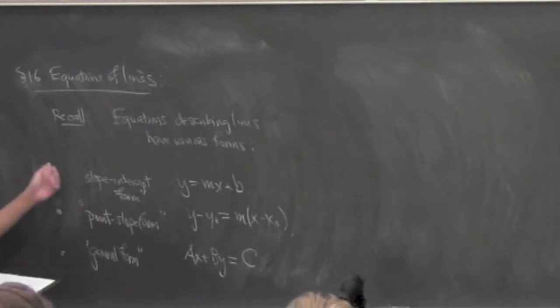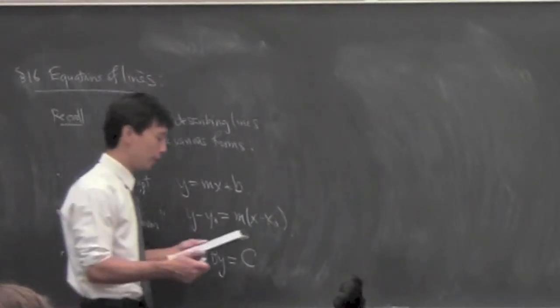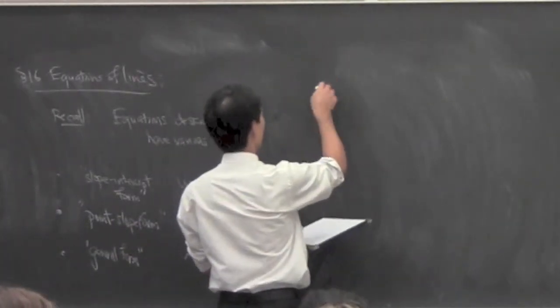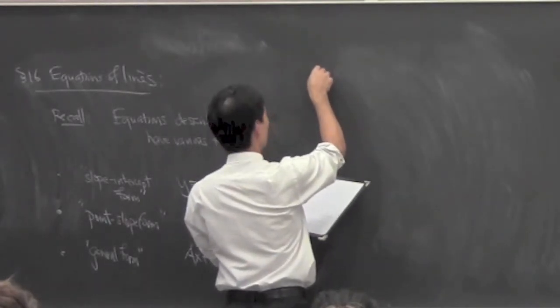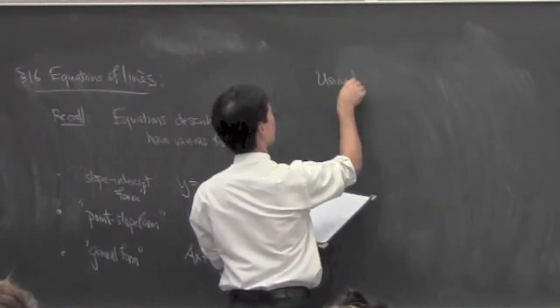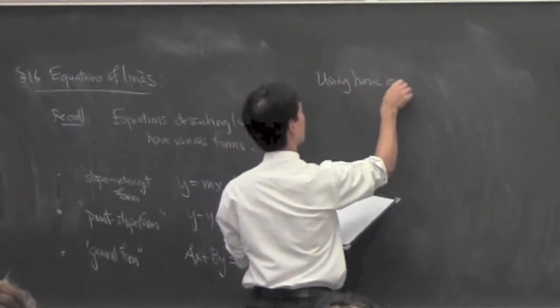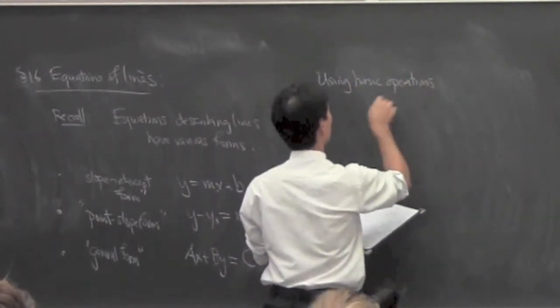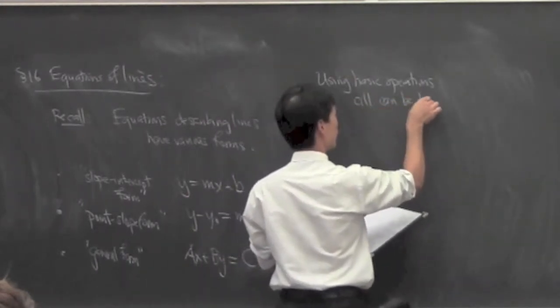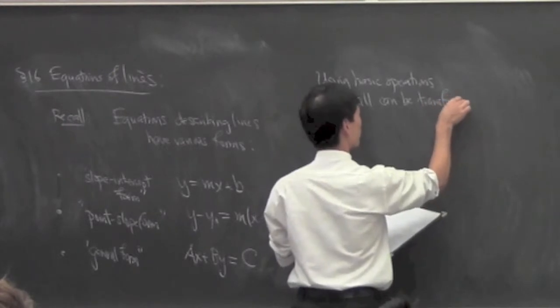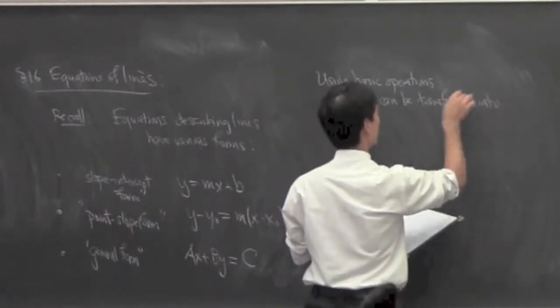And so these are all ways of describing lines, and it turns out that using basic operations, all can be transformed into the general form.